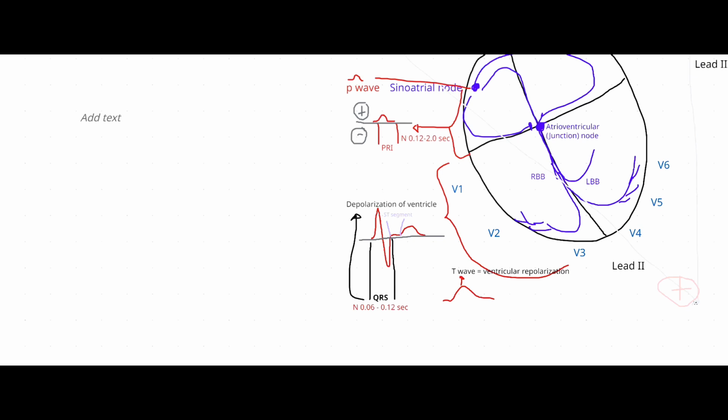The vertical line is twofold. So vertical line tells you the amplitude of electricity, right? How strong that electricity is. So again, if it's below the line, negative energy, right?